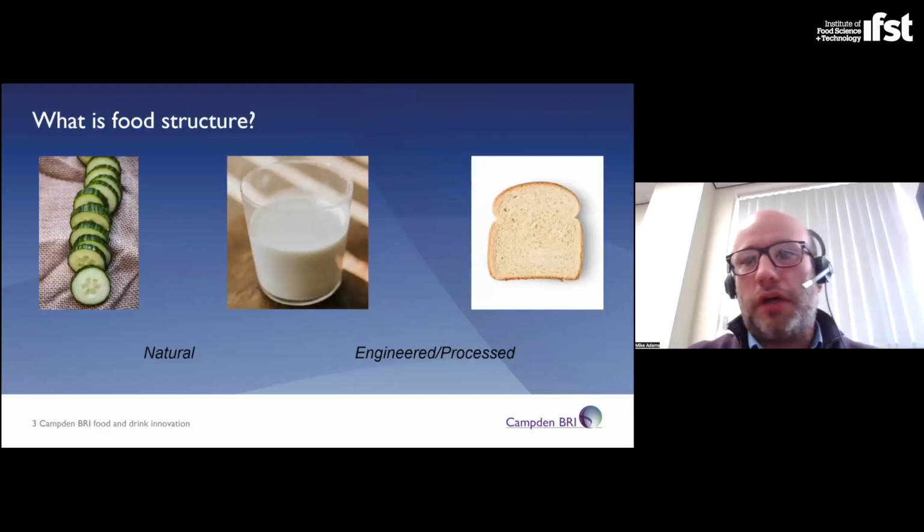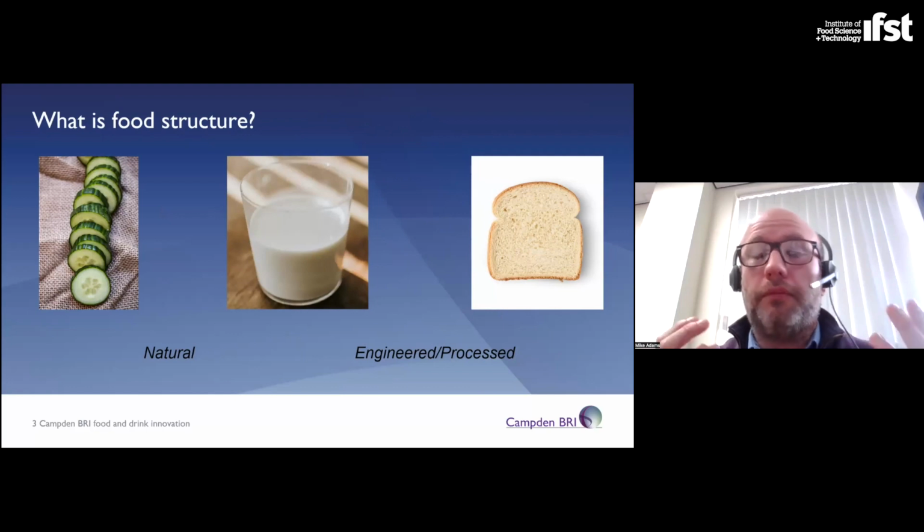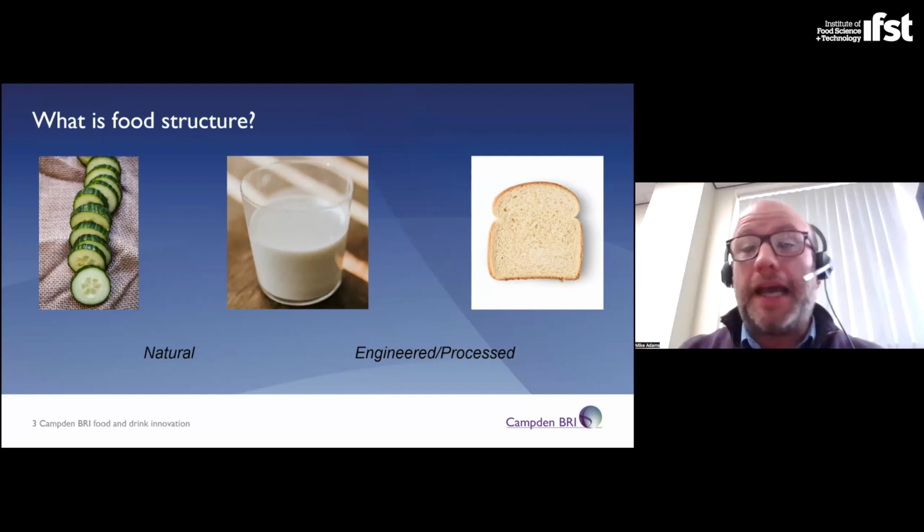So just to talk through some examples of natural, engineered, or processed structures, we've got fruits and vegetables, a great example of natural structures that consumers understand and consume often in the very form and structure that comes from nature.